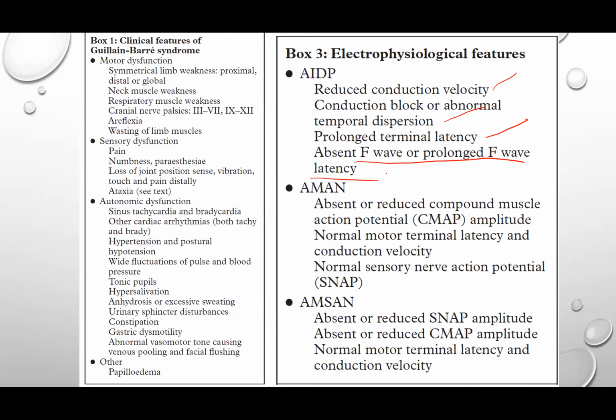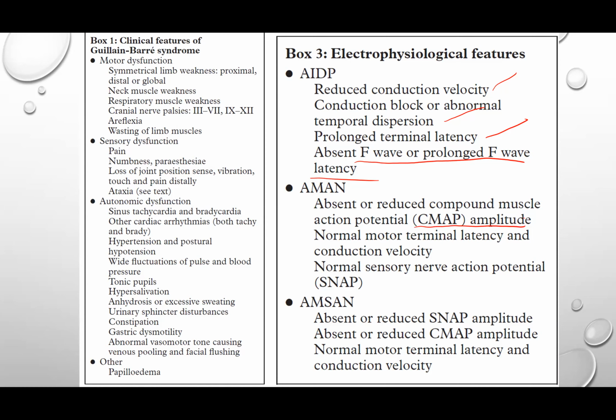Reduced conduction velocity, conduction block or abnormal temporal dispersion, prolonged terminal latencies, F waves may be absent or occurring very late. AMAN, that is acute motor axonal neuropathy: absent or reduced compound muscle action potential. What is CMAP? These are the action potentials generated through the motor nerve as the conduction occurs. If they are not there, what does it mean? The motor conduction is affected.